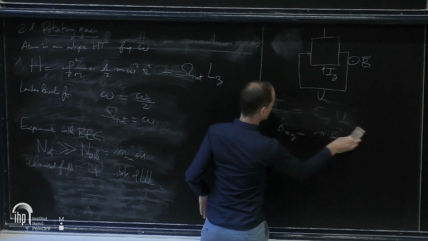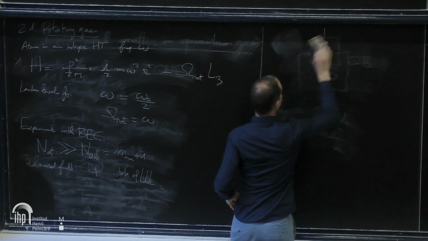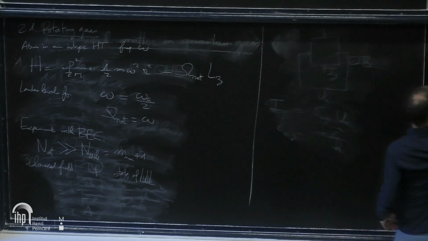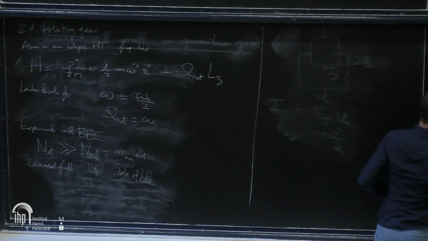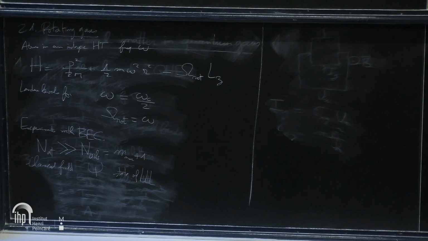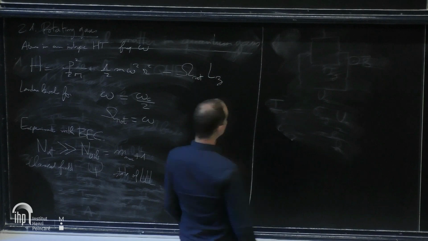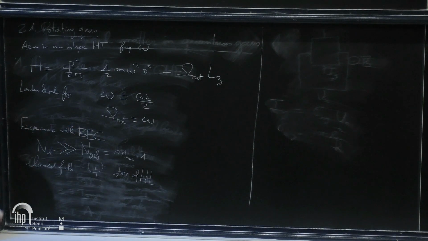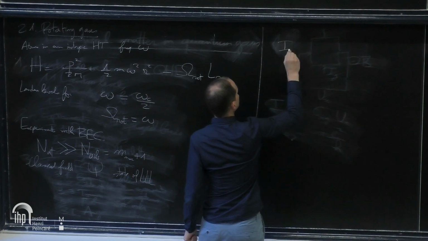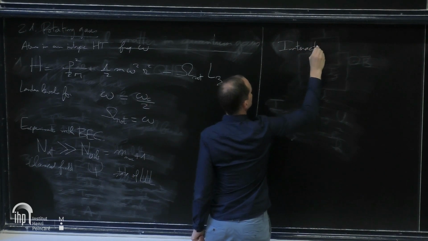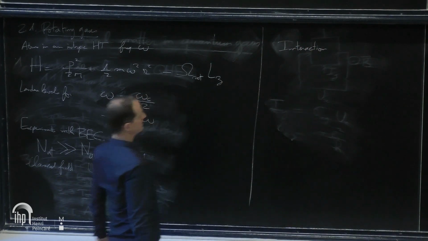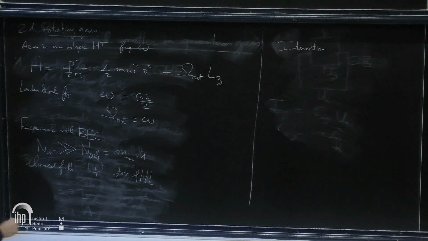So the question is, how do the vortices organize in those experiments? So I said before that the lowest Landau level is degenerate, so all positions of vortices are a priori equivalent if we only consider single particle physics. So the position of vortices was actually fixed by interaction effects. So they play a very important role in the understanding of the organization of vortices.